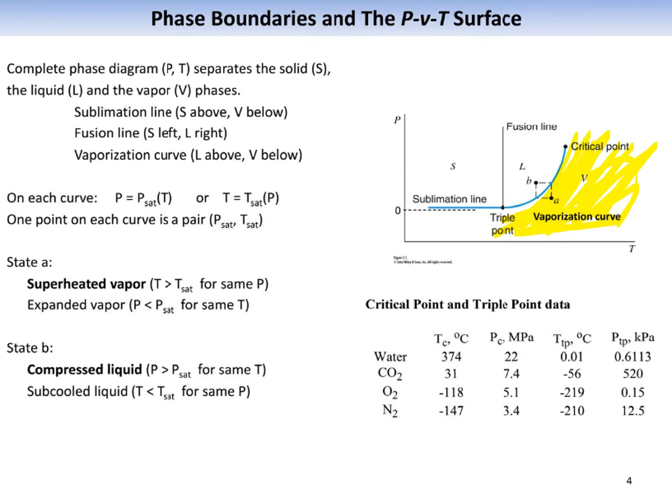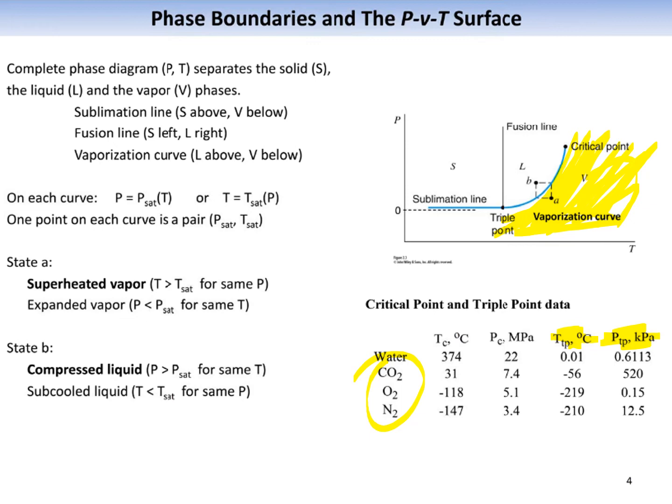For oxygen, it is minus 219 degrees centigrade and 0.15 kilopascal. So here we have the triple point temperature and triple point pressure for these materials. For water, it is 0.01 degree centigrade and 0.6113 kilopascal.